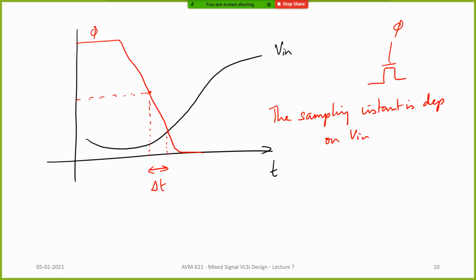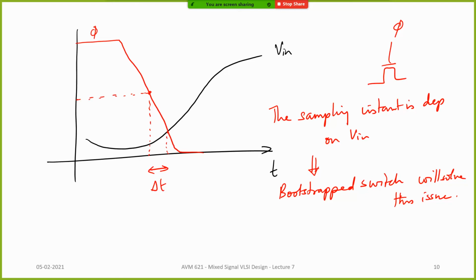Which is why, again, a bootstrapped switch will solve this issue. So you not only have Ron which is dependent on Vin, but you also have the sampling instant being dependent on Vin.